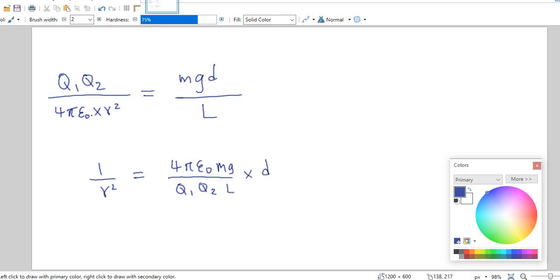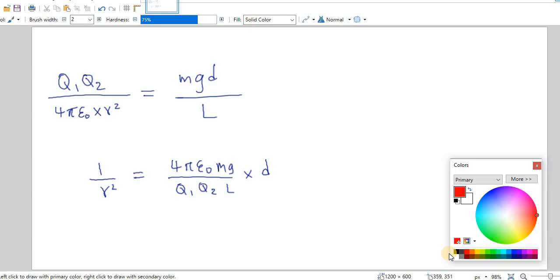Now you should be able to do something like this for the other equations also. Here you can see all of this, 4 pi epsilon naught, m is the mass of the sphere, that is a constant, g is a constant, q1 q2 the charges, we can say constant, and L is constant.